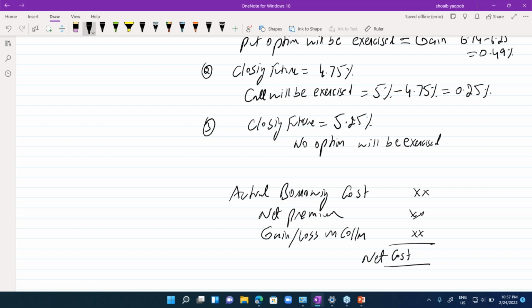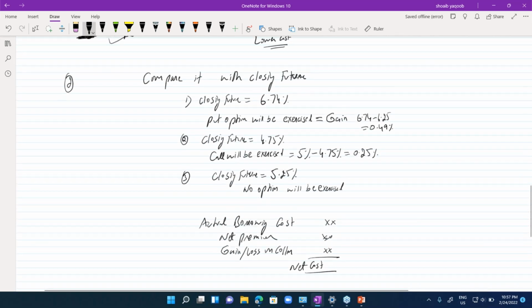That's how you will solve this in the exam. All these rates are before the company spread. We will only consider the spread in the last step in the actual borrowing cost. If no option is exercised, you will obviously not write the gain or loss line.